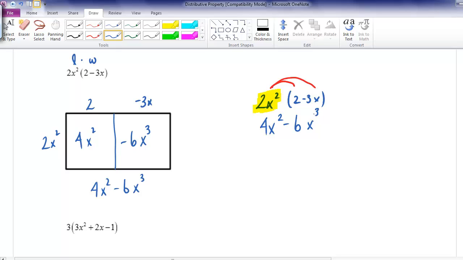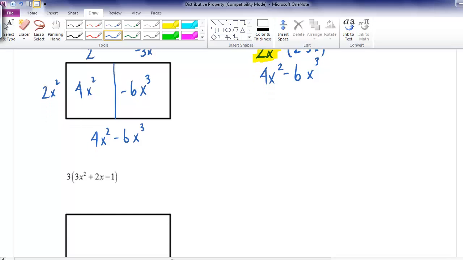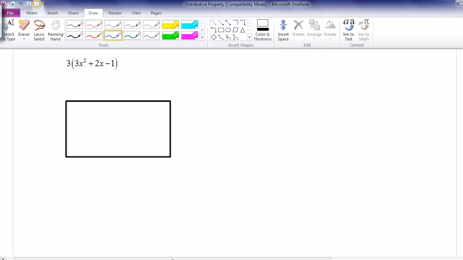So again, one of the common mistakes with distributive property is only multiplying the first term by the thing outside and forgetting about every other term. With an area model, you can't forget that because you have a little space in your rectangle. So let's look at one last example.